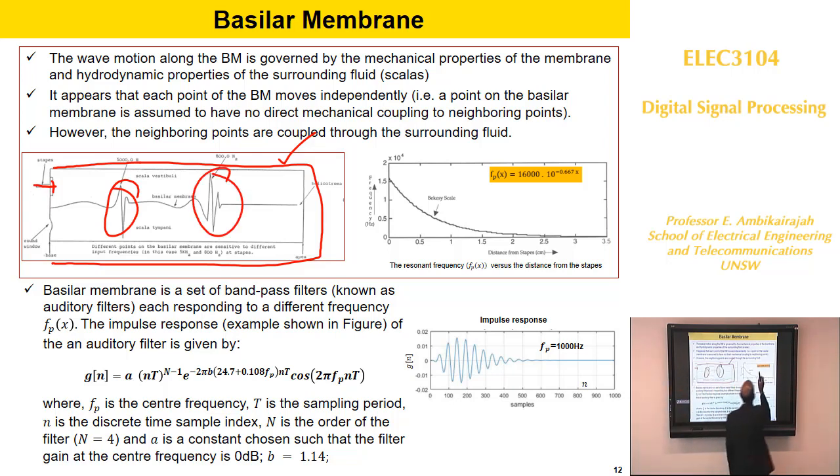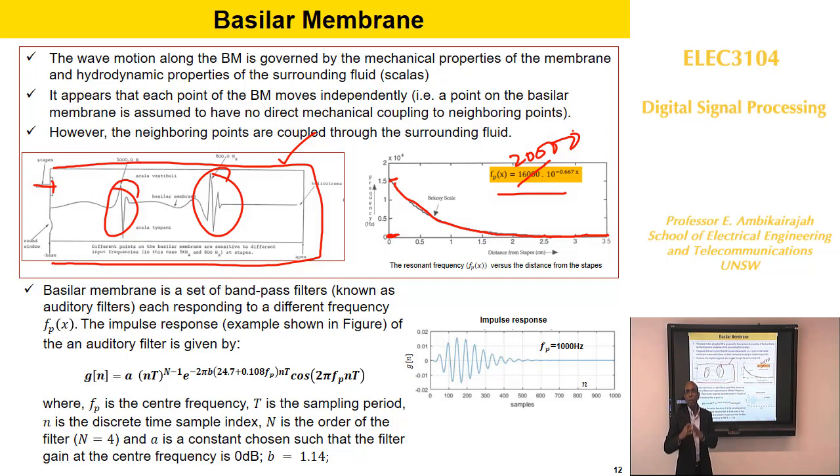And also, if you look at the frequency equation I showed you earlier, at that point it is 16 kilohertz. You can make this 20,000 if you want, and it decays. The frequency decays, and then comes a very low frequency at 3.5 hertz. So somewhere there, that will be about 10 hertz. Anyway, so the basilar membrane now can be represented by bandpass filters.